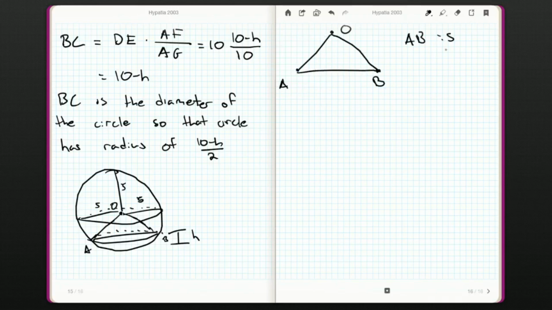So just as before with BC, we have decided that AB is the diameter of the circle. So we want to understand the radius, we want to understand the area, we need to figure out what AB is. Okay?